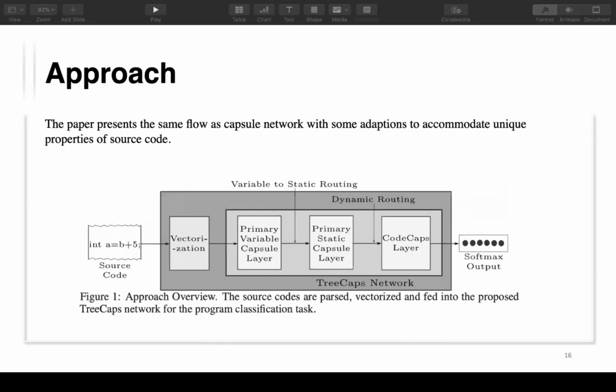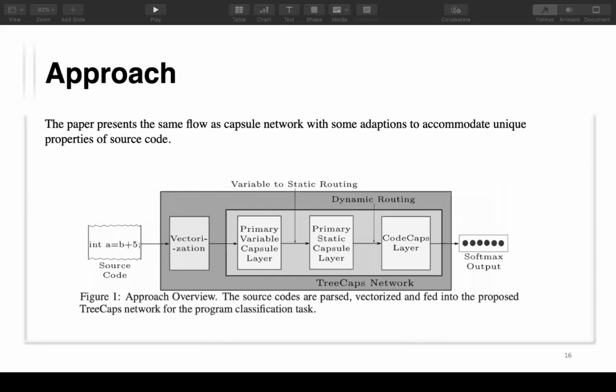The approach in the paper presents a very similar flow to the capsule network, with some adaptations to accommodate the unique properties of source code. The overall workflow is shown in the picture. Suppose we have source code as input. The first step is to vectorize the source code.